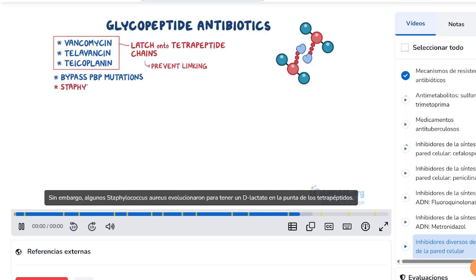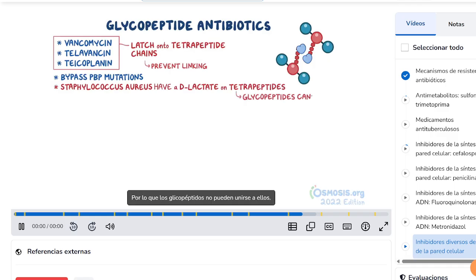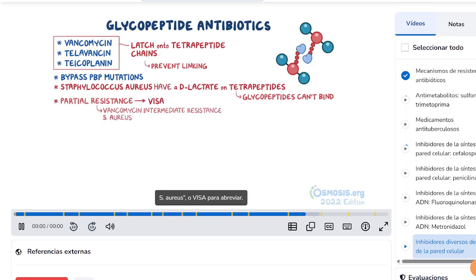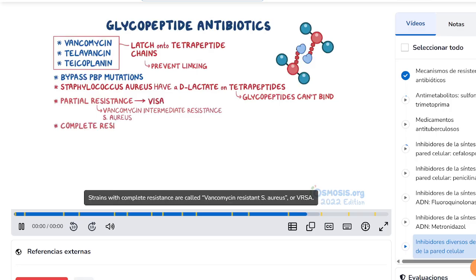However, some Staphylococcus aureus have evolved to have a D-lactate at the tip of the tetrapeptides, so glycopeptides cannot bind to them. Some of these strains have partial resistance and are called vancomycin-intermediate Staphylococcus aureus, or VISA for short. Strains with complete resistance are called vancomycin-resistant Staph aureus, or VRSA.